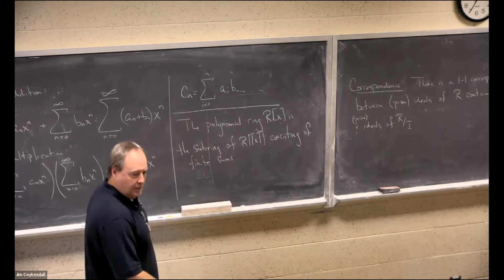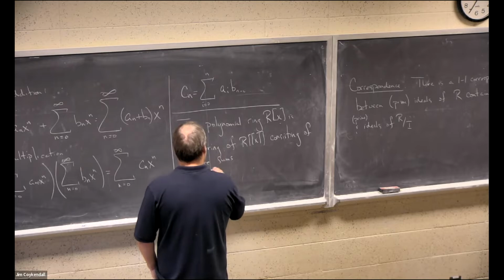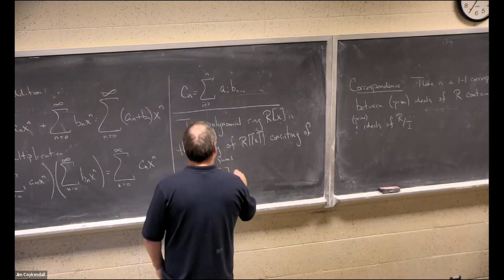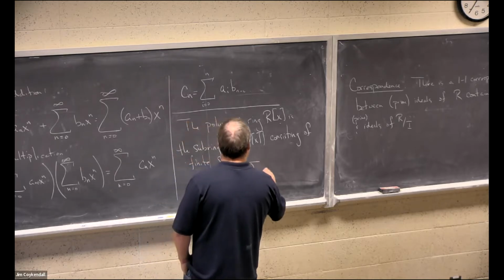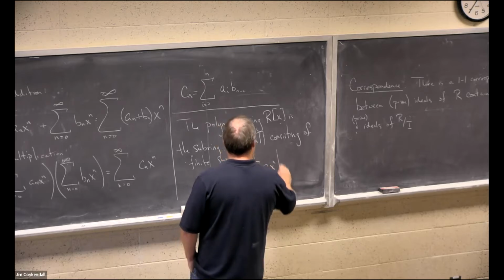Under the same operations, and when I say subring, I mean, of course, the same addition and multiplication. So that is, R[x] is the set of finite sums.